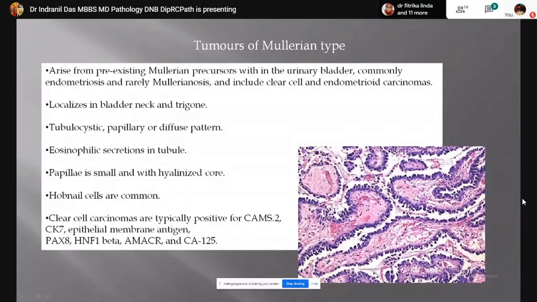Eosinophilic secretions are seen within the tubule. Papillae are present, and the cores of the papillae are generally hyalinized, and hobnail cells may be present. The clear cell carcinoma of Mullerian type is usually positive for CAM5.2, CK7, epithelial membrane antigen, PAX8, AMACR, and CA125.